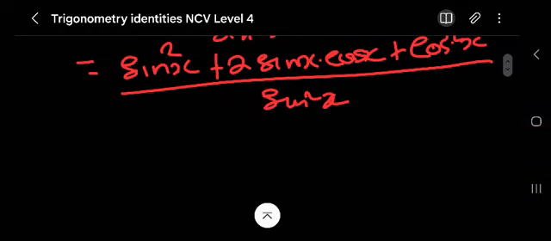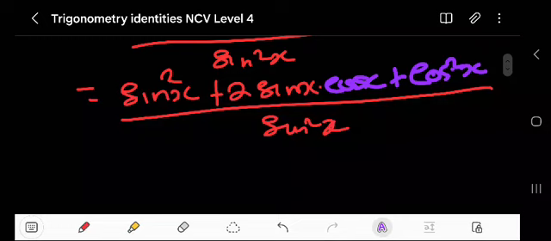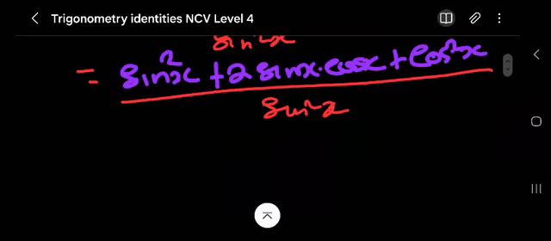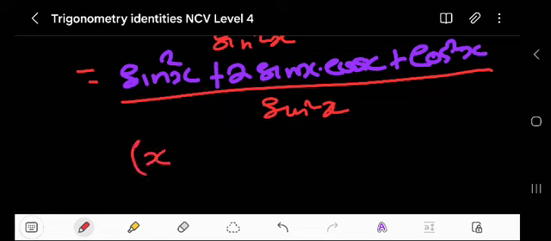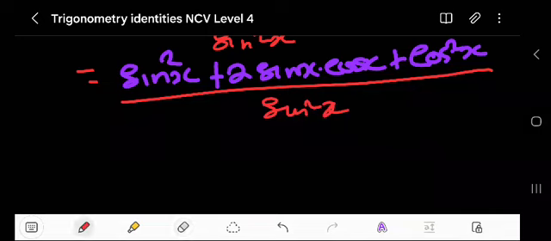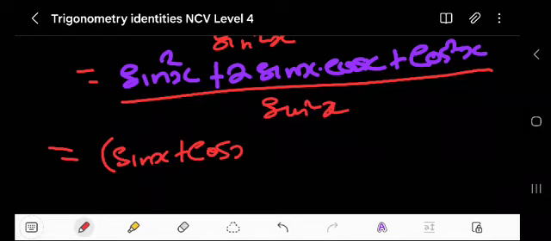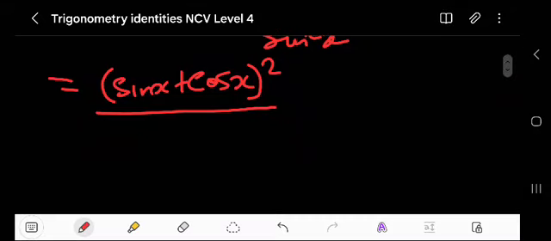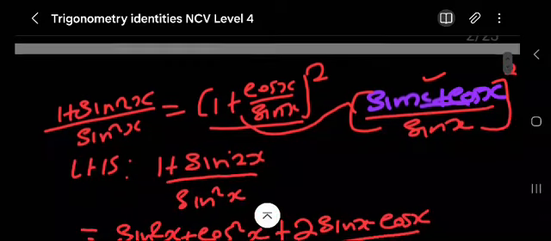The numerator is in that form, the form that you remember, which will be sine x plus cos x squared all over sine squared x. This is what we have.